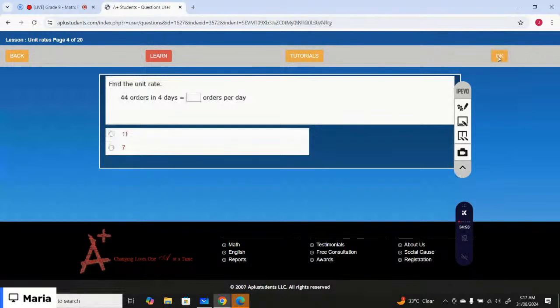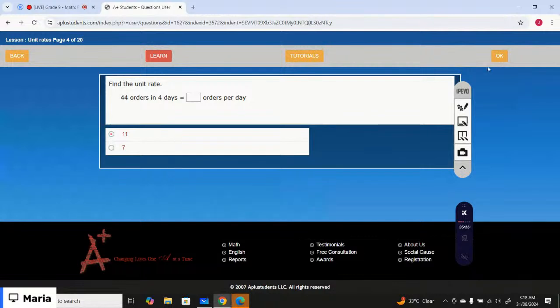So which is the correct option? 4 times 11 is 44.